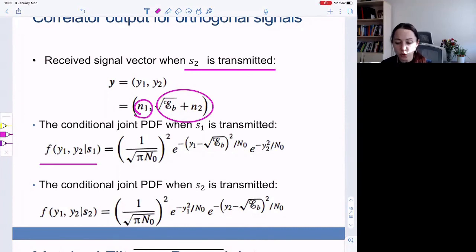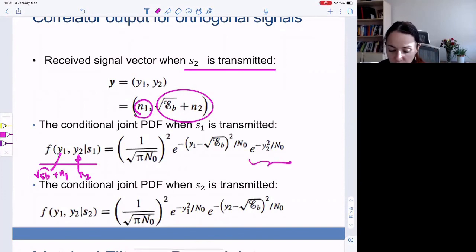So we can find the joint conditional PDF by multiplying the individual conditional PDFs, right? When S1 is transmitted, remember, Y2 is simply noise. Y2 is equal to N2, and Y1 is equal to square root of EB plus N1. But N1 and N2 are conditionally independent, conditioned on S1. So under this condition that S1 is transmitted, N1 and N2 are independent.